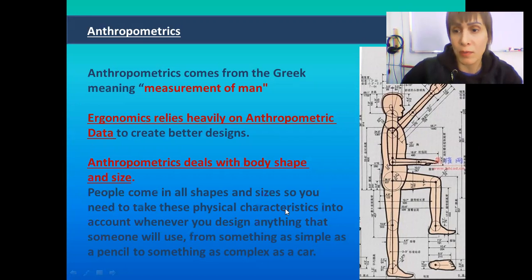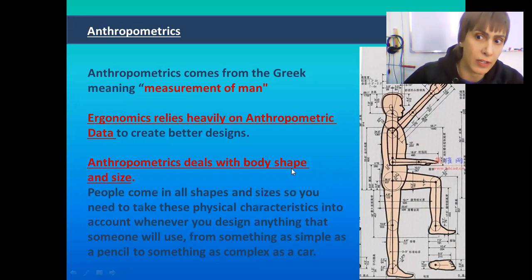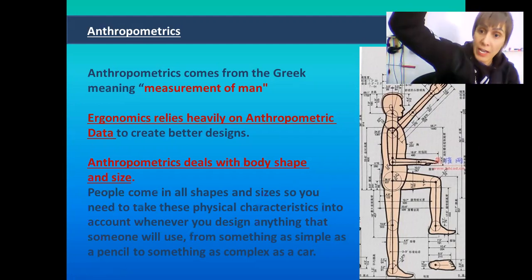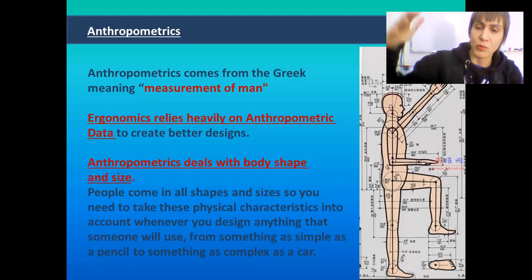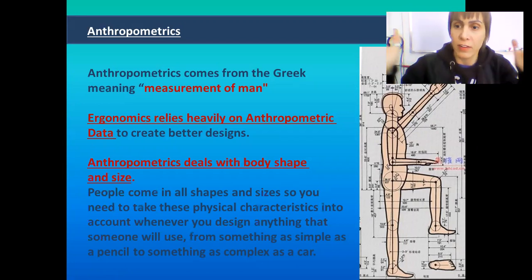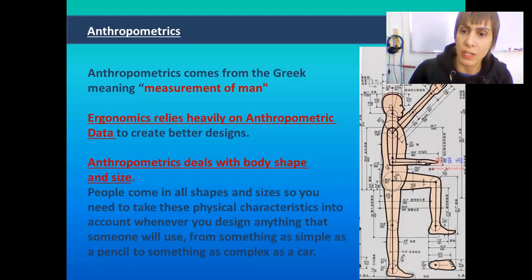Now, you probably know that people come in all kinds of sizes and shapes. You will see short people, tall people, fat and thin people, and people from different age groups like children or adults. They also have different body dimensions.